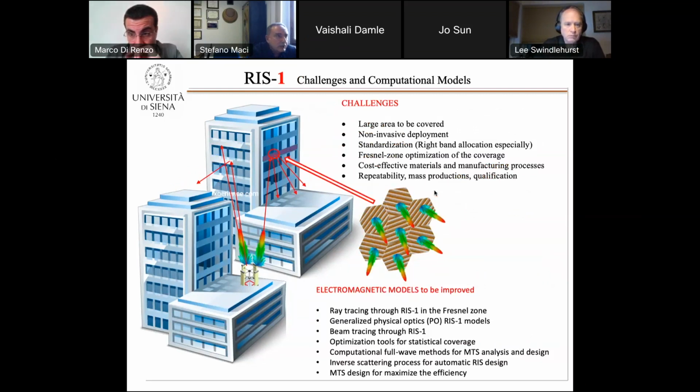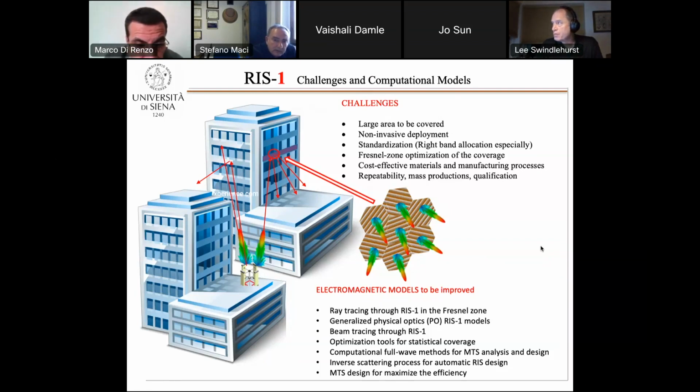RIS-1 face a lot of challenges: in particular, the large area to be covered, the non-invasive deployment, the problem of standardization, in particular for the right band allocation, the Fresnel zone optimization of the coverage, the cost-effective materials, and the manufacturing processes, repeatability, mass production, and qualification.